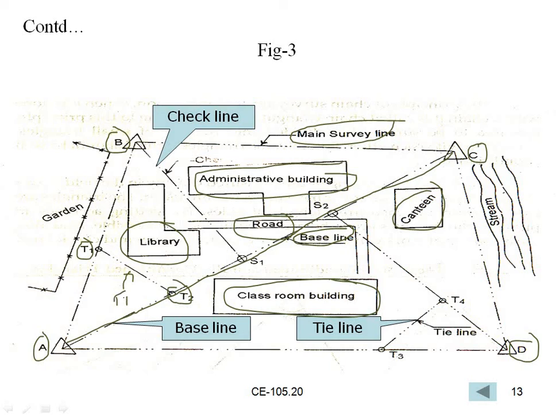This is called tie line, which is in between A and B. Another point from B is S1, and from B to S1 it is called check line.